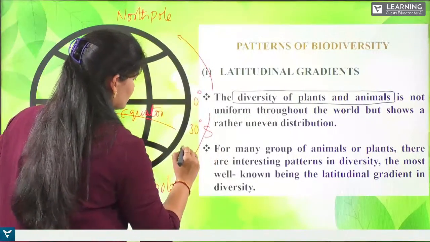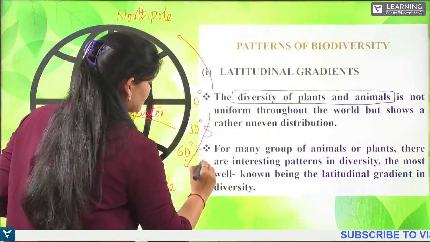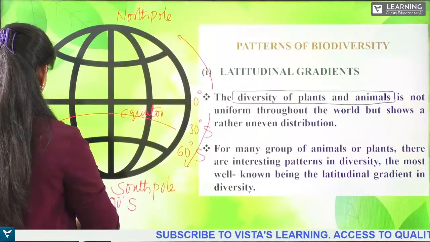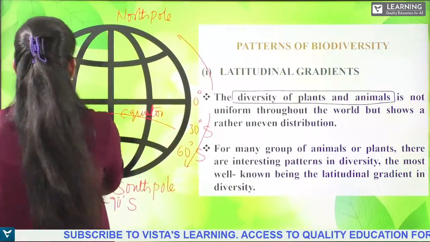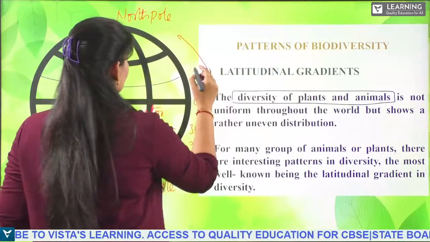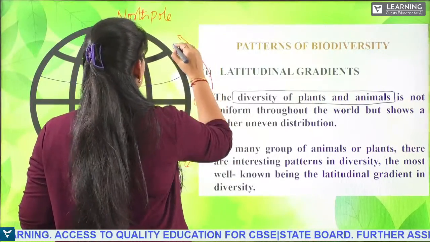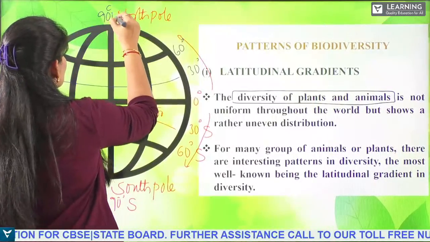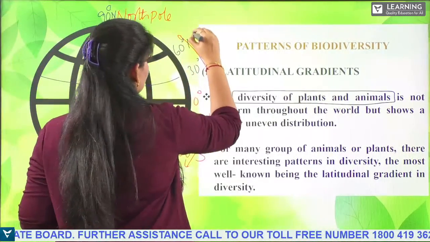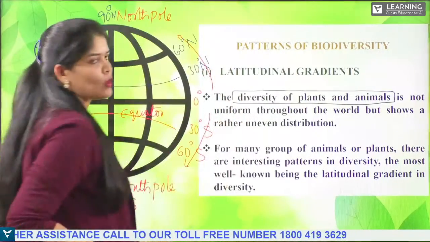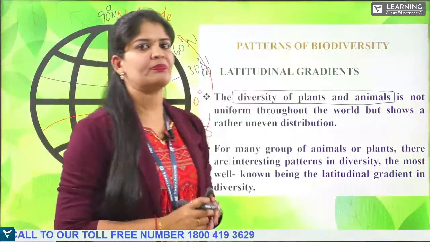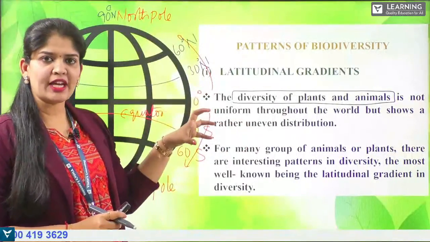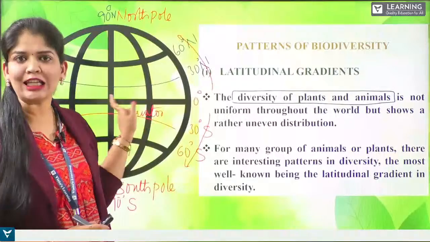Think that this is 60 degrees south, 90 degrees south. In the same way, 30 degrees, 60 degrees, 90 degrees towards the North Pole. So here we can see more biodiversity located near the equator.